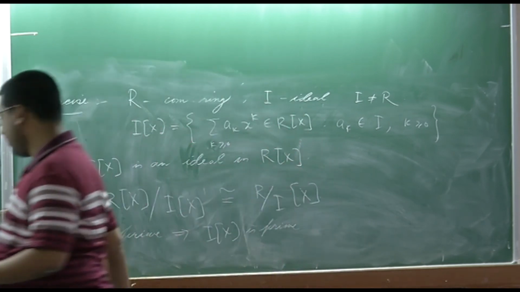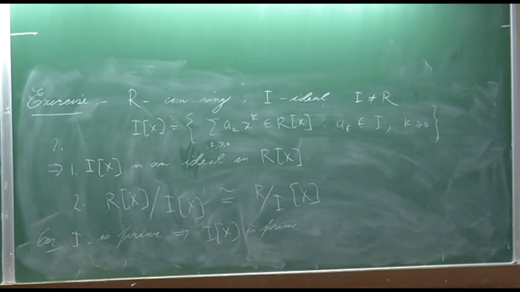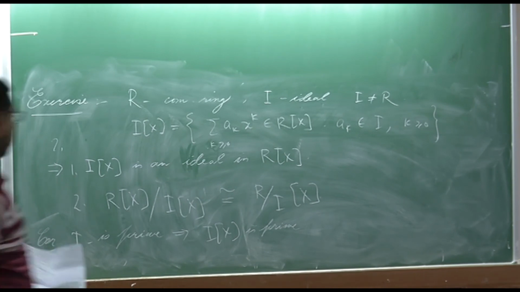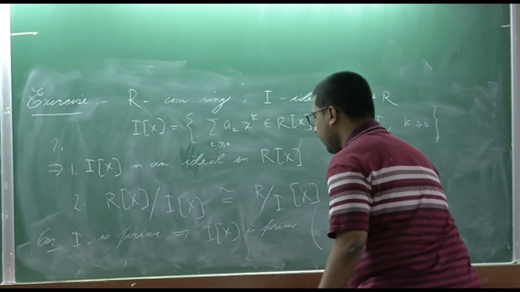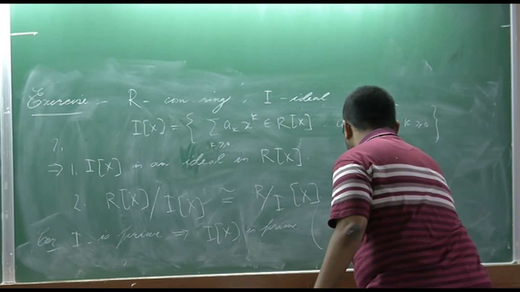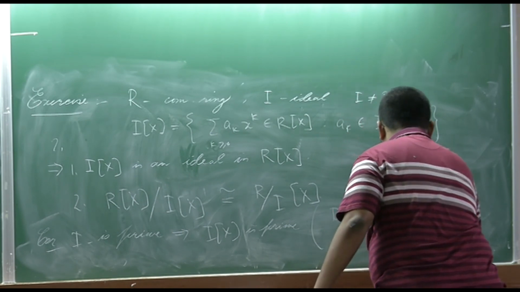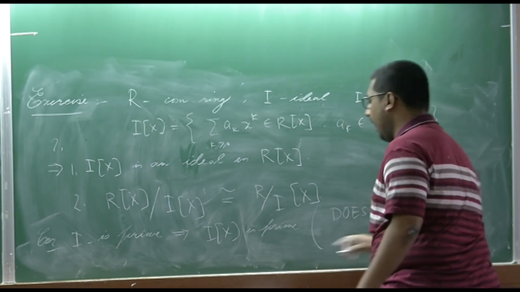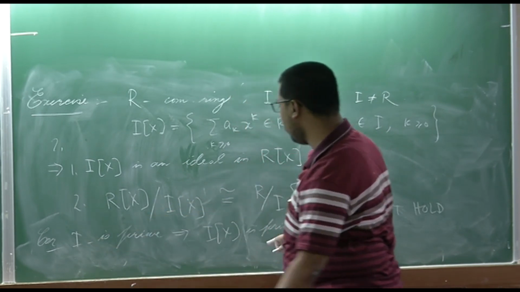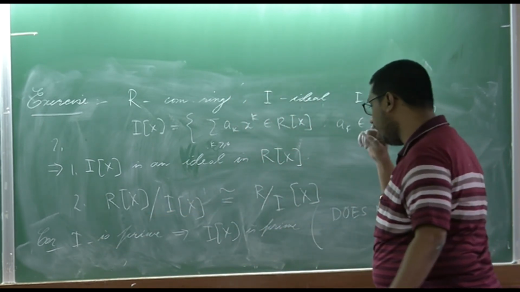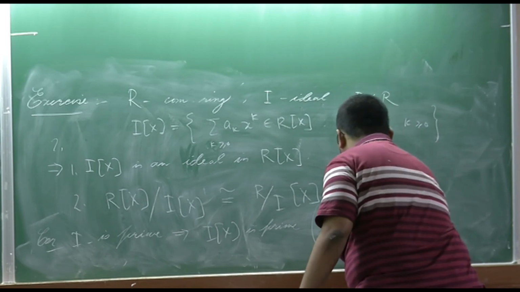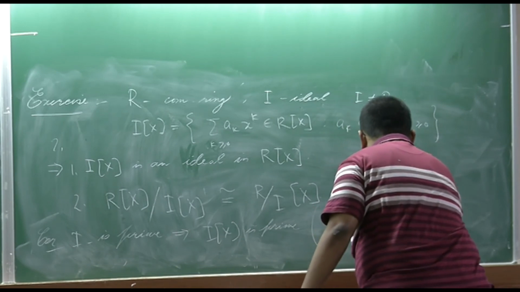Okay. I am leaving that, but however, let me also make a remark that this does not hold for maximal ideals. That is, if I is a maximal ideal, it need not be true that I[x] is a maximal ideal of R[x].